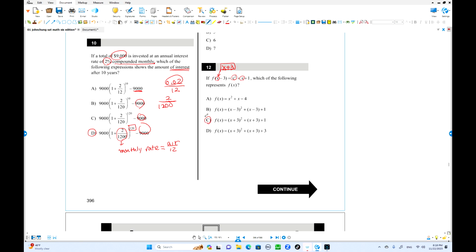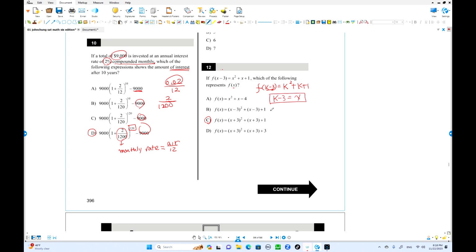Or to avoid confusion, sometimes it's complicated, I'm going to change the variable over here. I'm going to use a different variable. This is k minus 3. I'm going to use k minus 3 equals k squared plus k plus 1. Now we're going to replace k minus 3 with x, isn't it? So k minus 3 equals x.